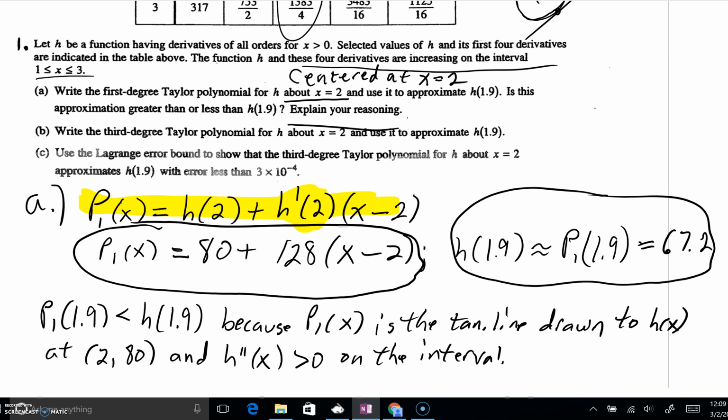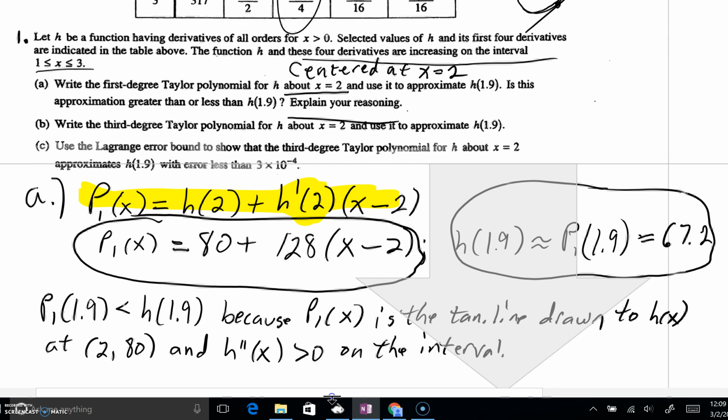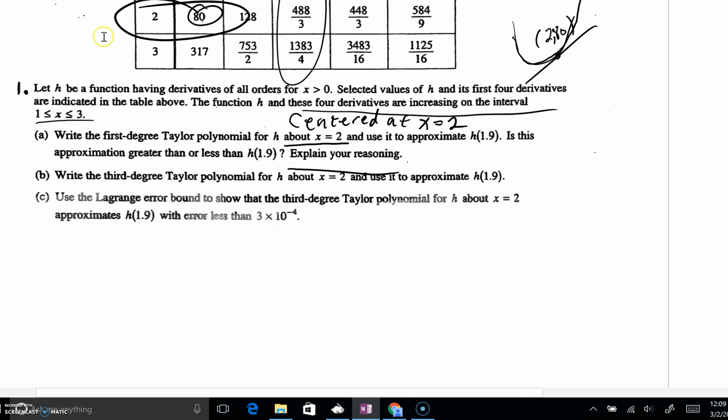So let's take a look at part B, which is amazingly similar, but they're asking us to do something with a third degree polynomial. And how is that any different?